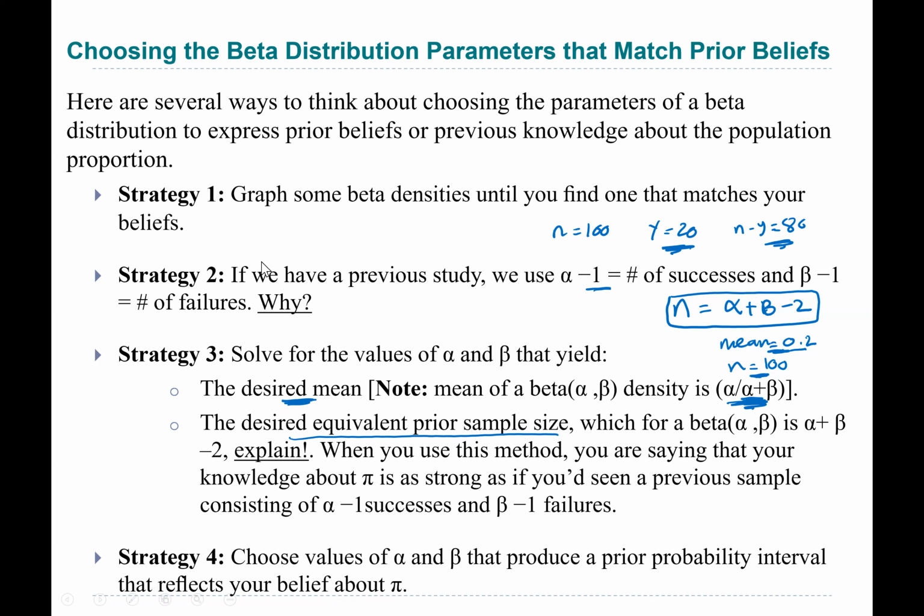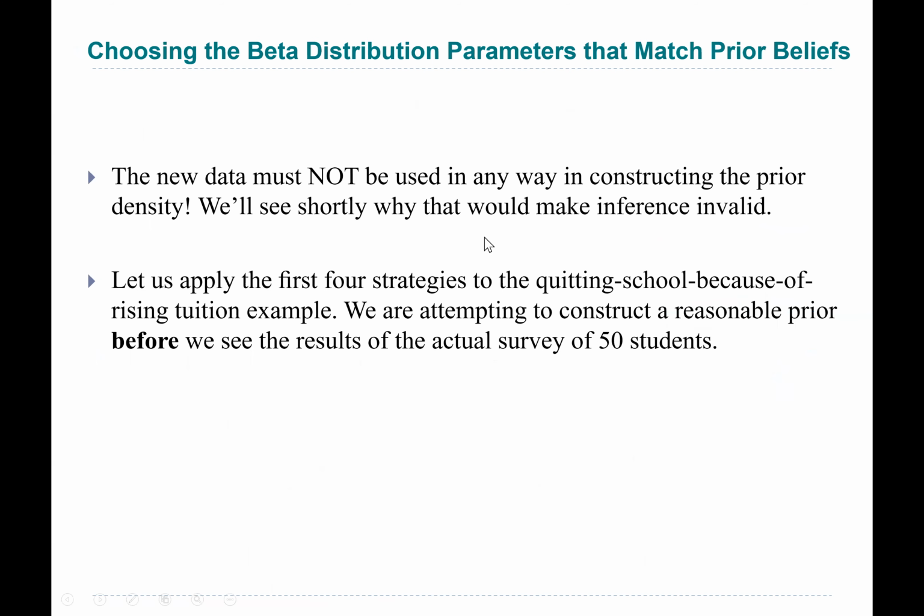Let me go over all these ones, but applied to our motivating example. First, let's talk about these ones before. The new data must not be used in any way in constructing the prior density. This is very important in Bayesian, because the likelihood and the prior should be independent.